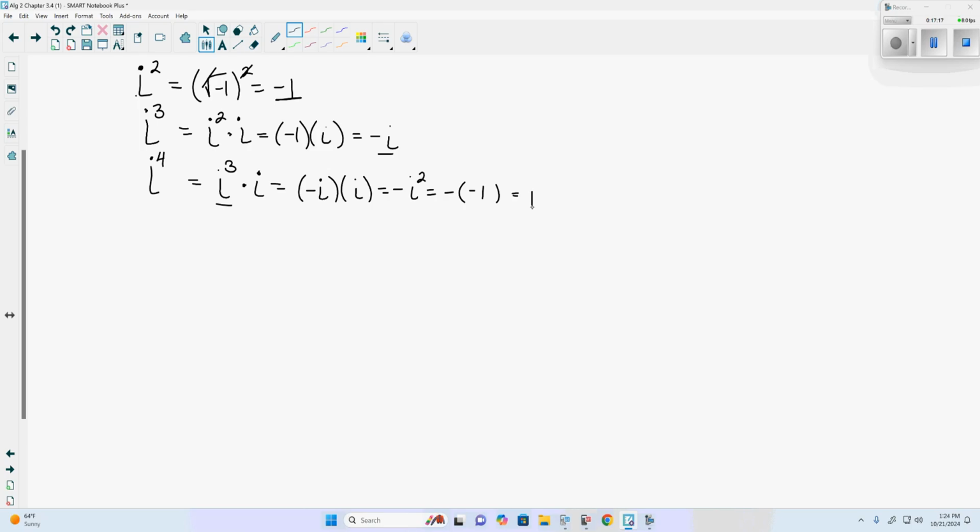Okay? Really haven't stumbled across anything yet. Let's do this a few more times. Let's go i to the fifth, which is really just i to the fourth times i. We're just multiplying it by i again. Well, what was i to the fourth? So we're saying we have 1 times i, which is i.